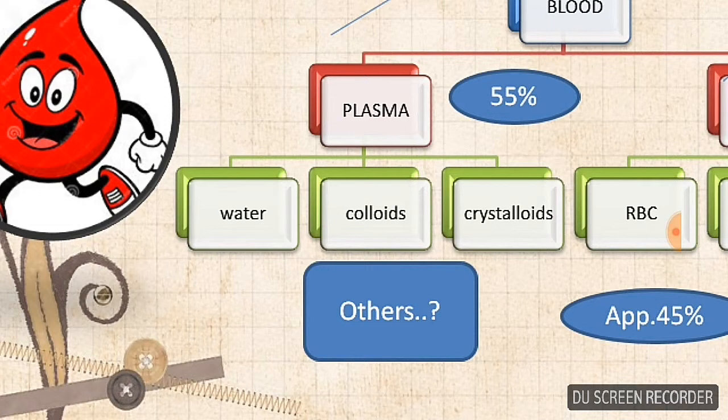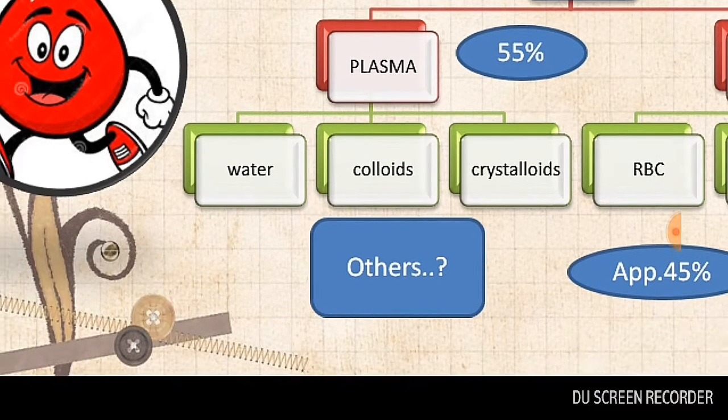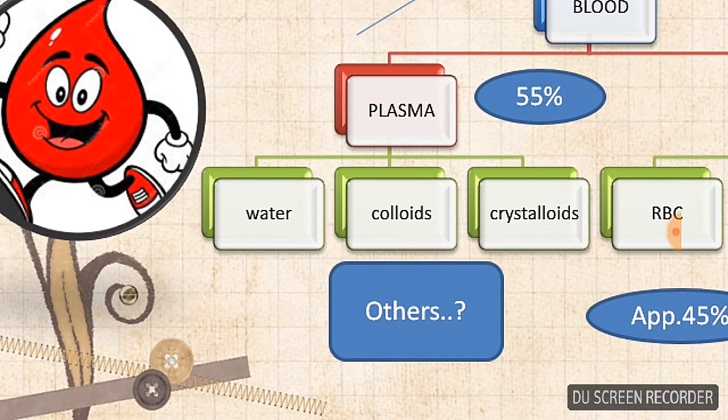Now, what is the composition of this plasma? That is water, colloids, crystalloids, and others. Let us see just in brief about all these four parts. Water, as we know, and then coming to colloids. Colloids mainly constitute components like proteins. What proteins?